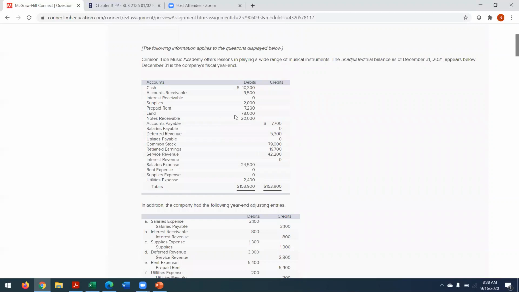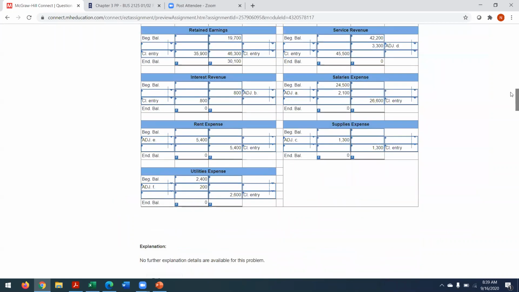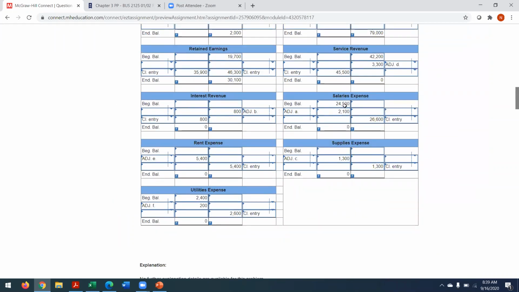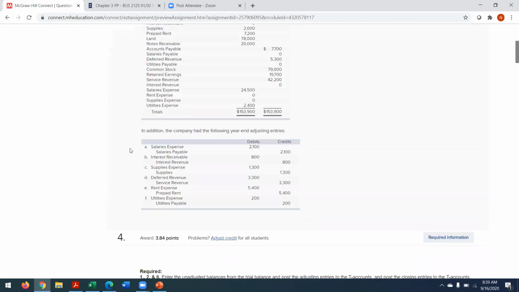Once you have done that, you are then going to post your adjusting entries. For example, our salaries expense in our unadjusted trial balance shows 24.5. So our salaries expense here shows 24.5. Then you see here we have an adjusted entry A, a debit to salaries expense of 2,100.